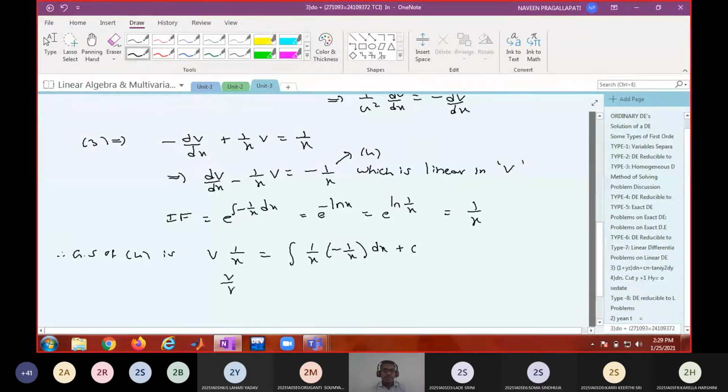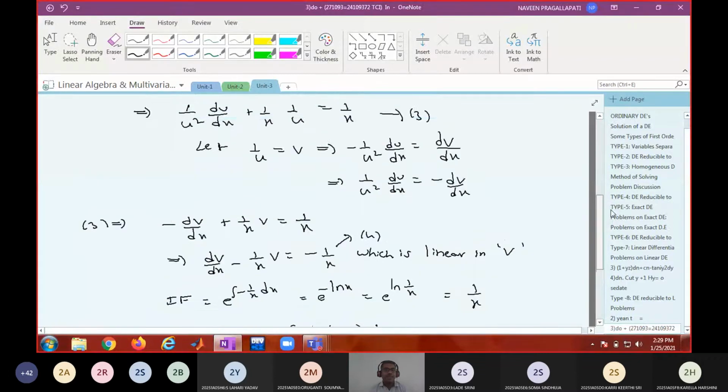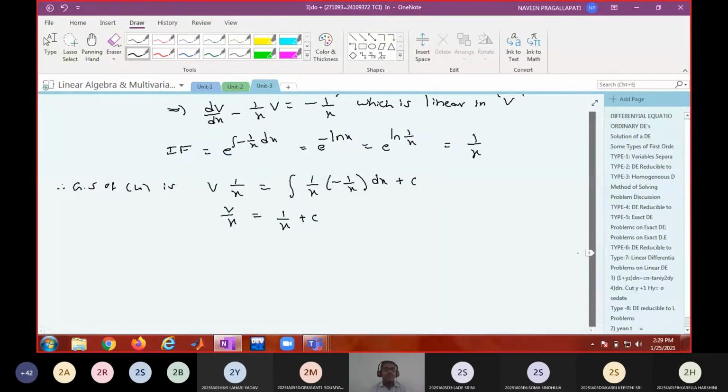So v by x equal to the integral of minus 1 by x square, which is 1 by x plus c. What is v now? 1 by u. So this implies that 1 by ux equal to 1 by x plus c.